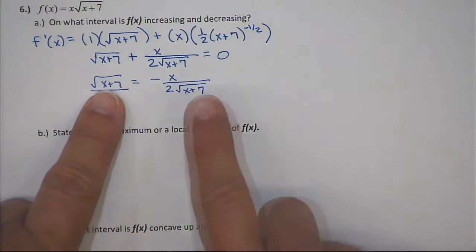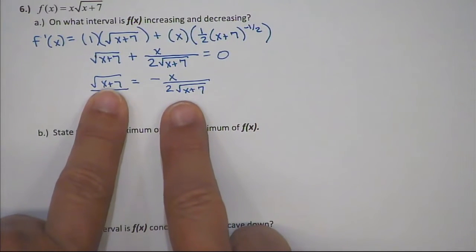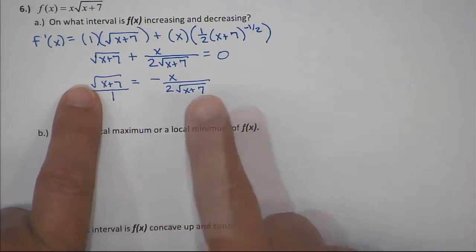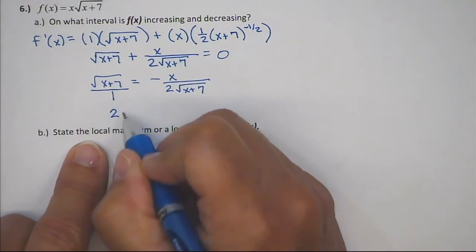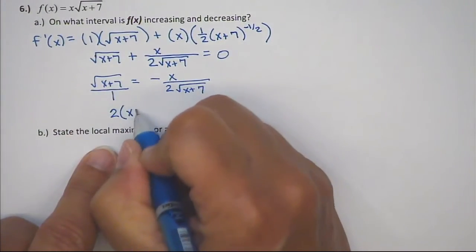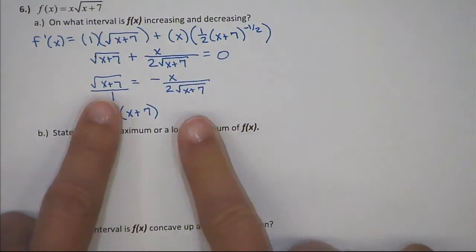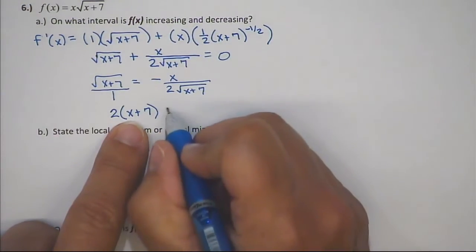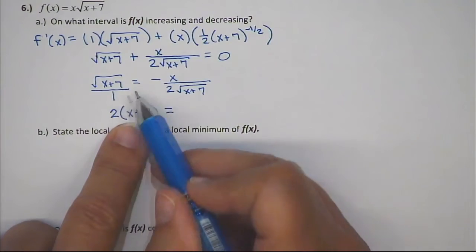All right, so look over here. We're going to take the square root of x plus 7 times 2 square root of x plus 7, if you cross multiply. So 2 times the 1 out front, and then what happens to the square roots of x plus 7? That gives you just the x plus 7, right? Square root times the square root. So that got rid of that. And then on the other side, we're going to do negative x times 1.